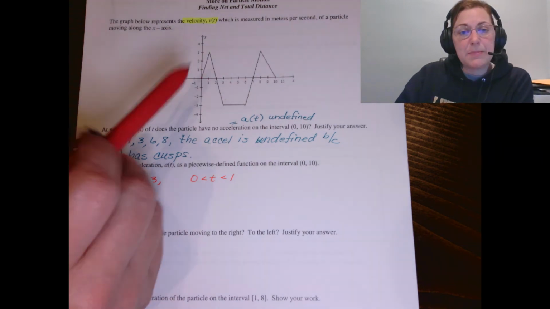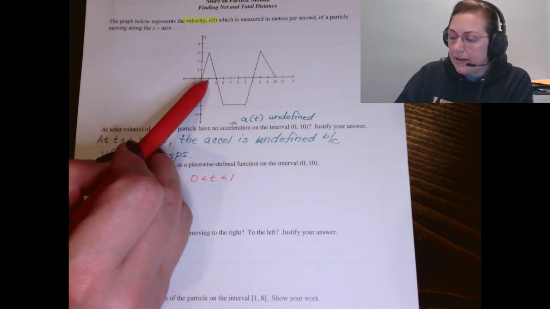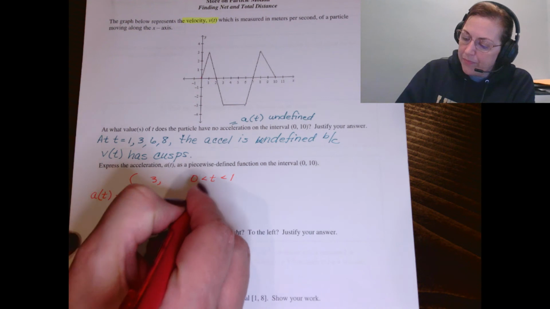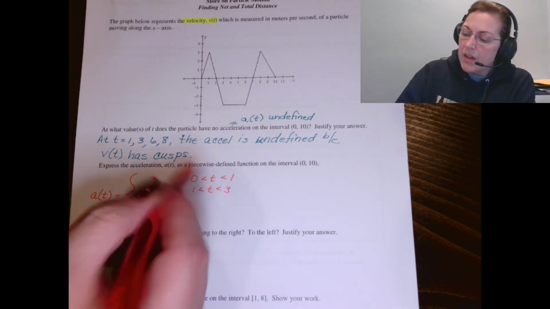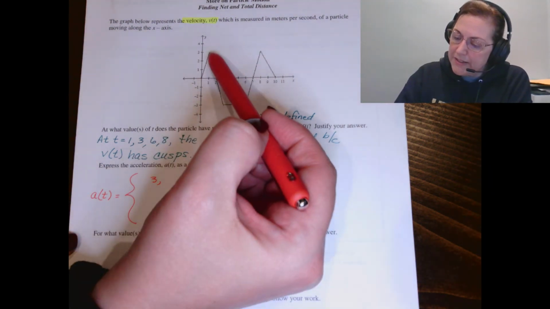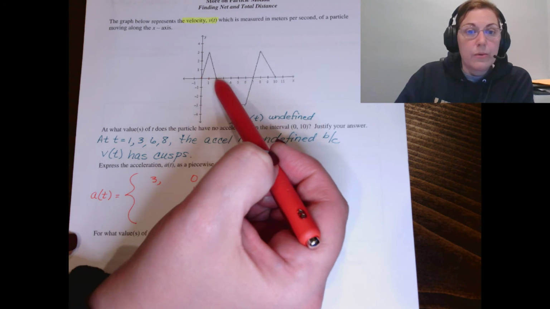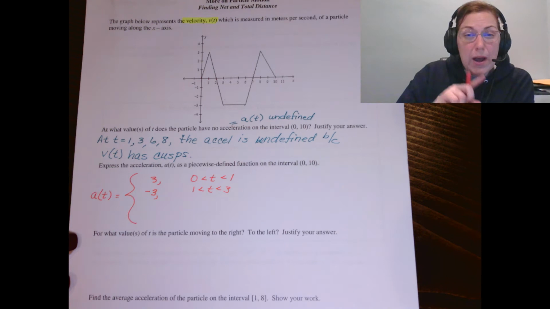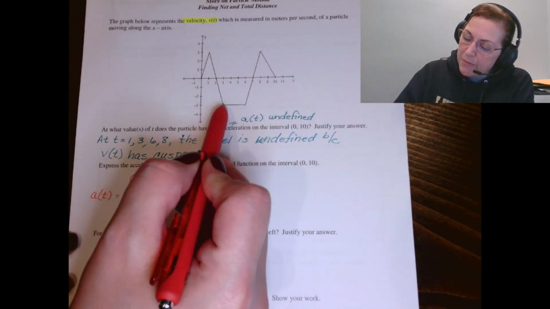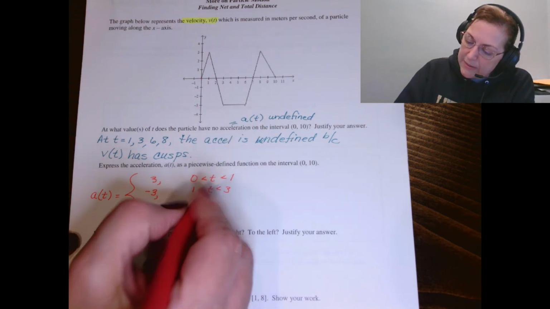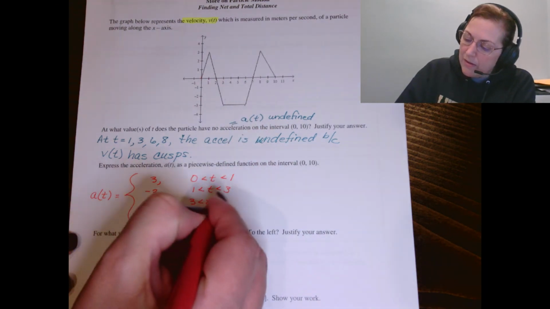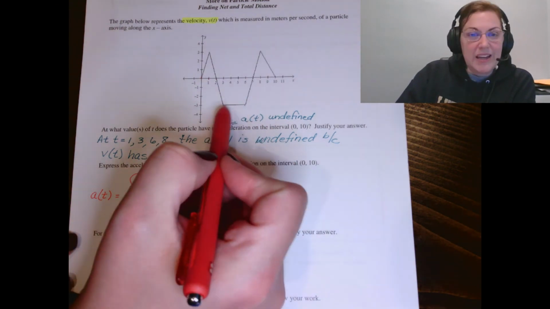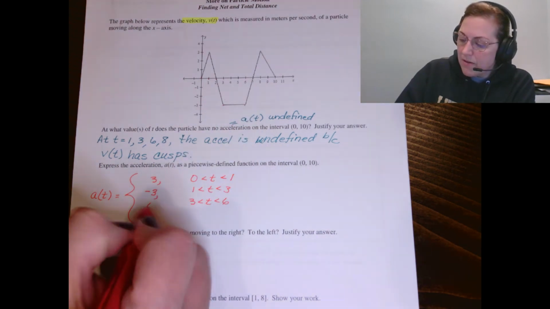Let's do the next piece from 1 to 3. And the slope here is down 3, right 1. That slope would be -3. Friends, I'm doing rise over run. The next piece would be from 3 to 6, and that slope would be 0.